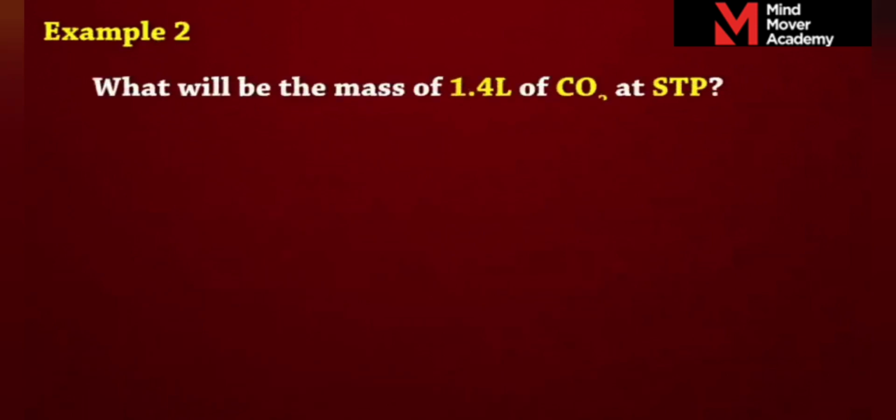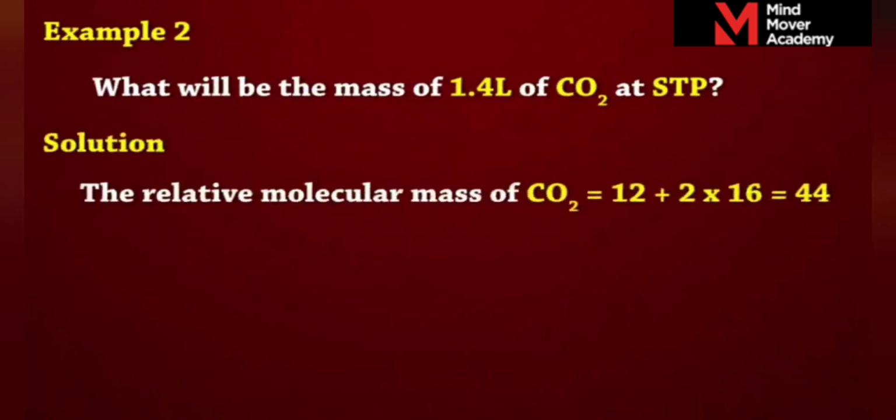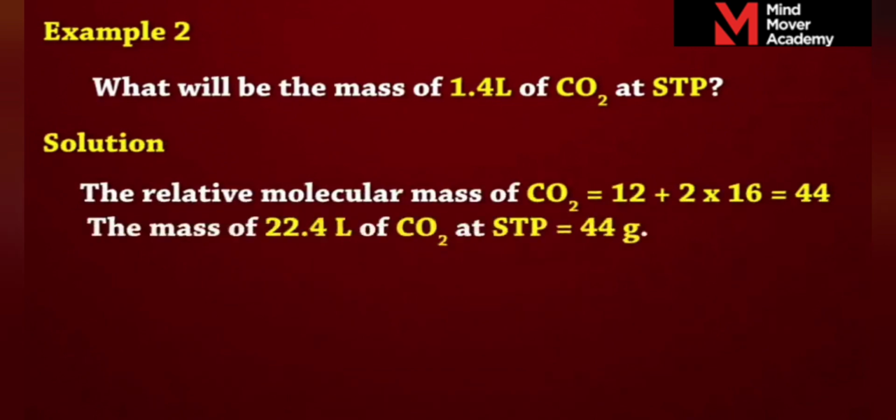What will be the mass of 1.4 liter of carbon dioxide at STP? Let's solve this. The relative molecular mass of carbon dioxide is equal to 12 plus 2 into 16 is equal to 44. The mass of 22.4 liter of carbon dioxide at STP is equal to 44 grams.